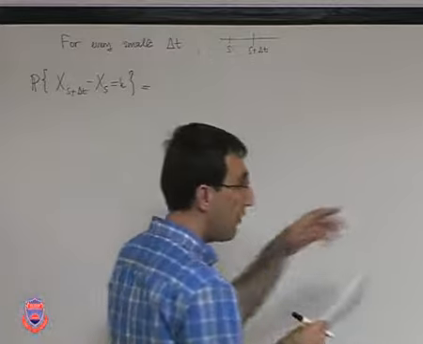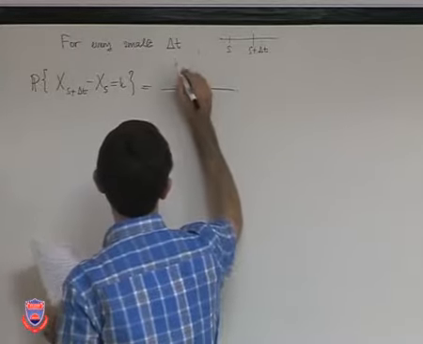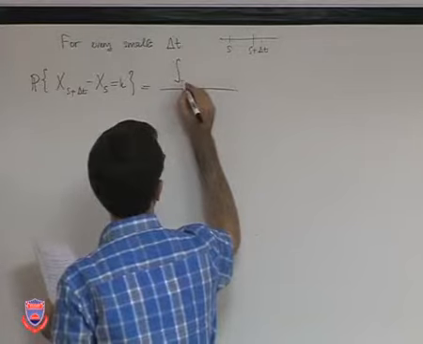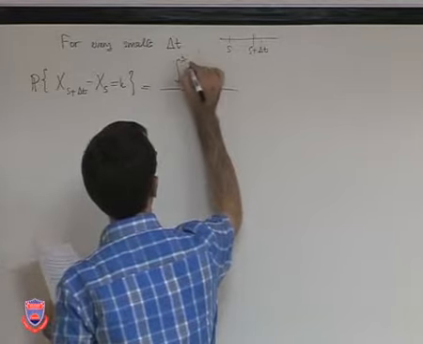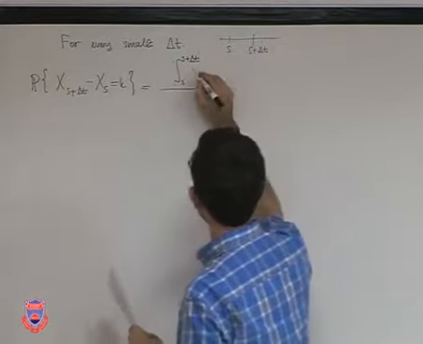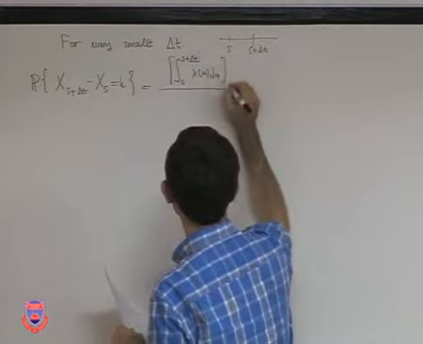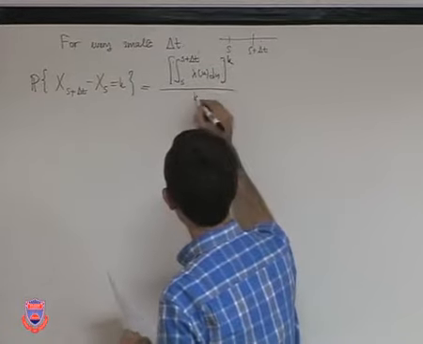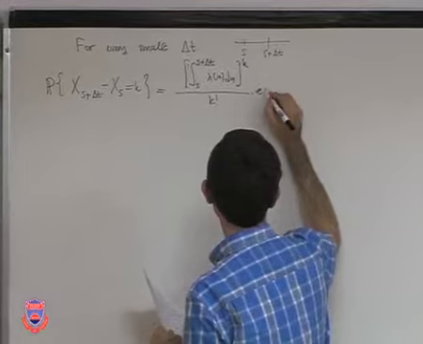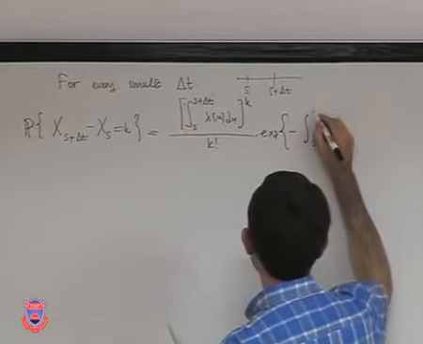If I use that formula, let me first reproduce it, then we'll simplify. I have the integral of the intensity process from time s to s plus delta t, to the power k divided by k factorial, times e to the minus the same integral.